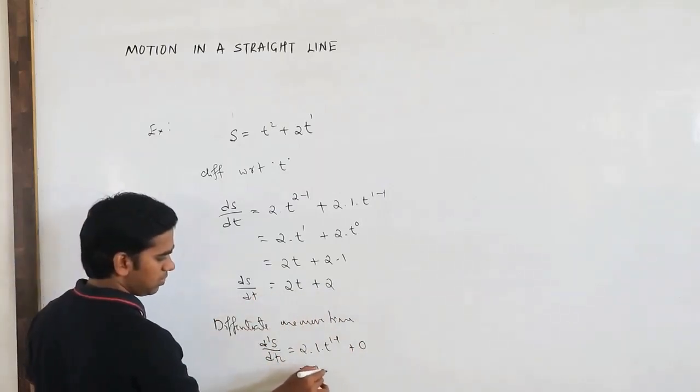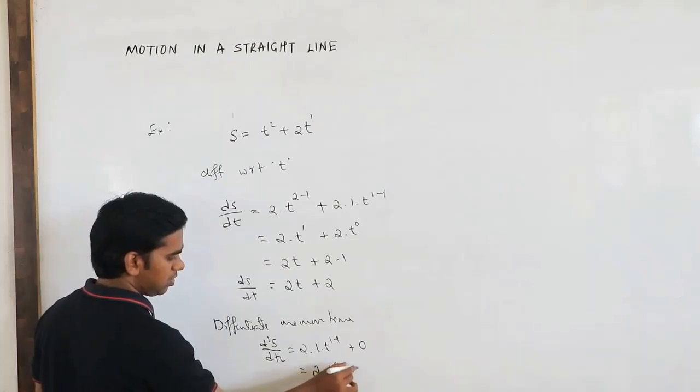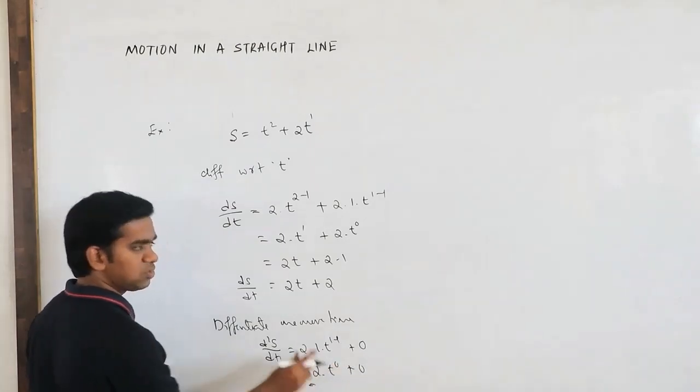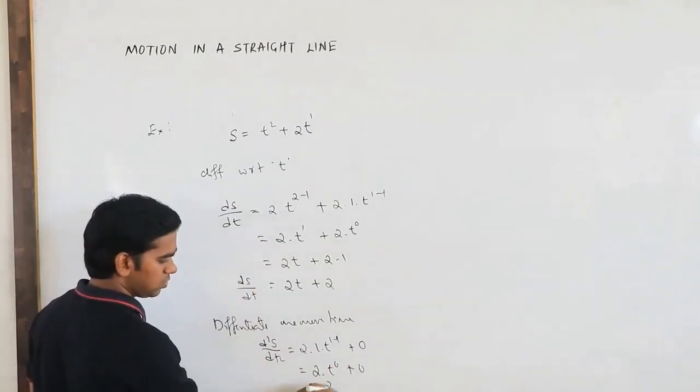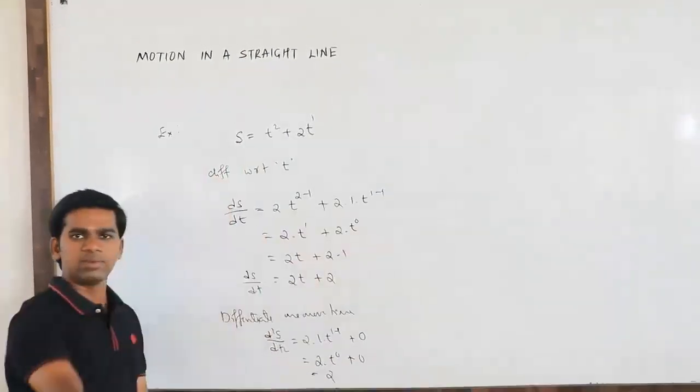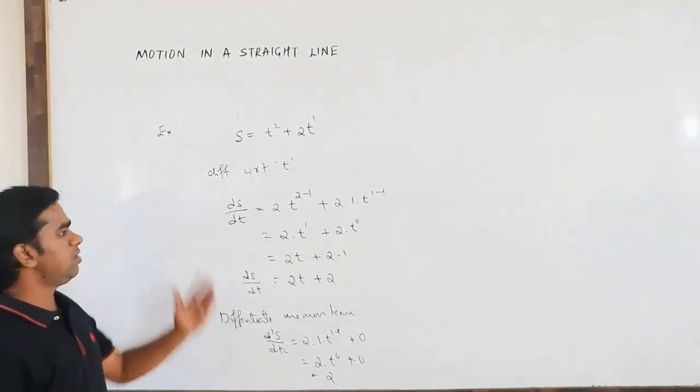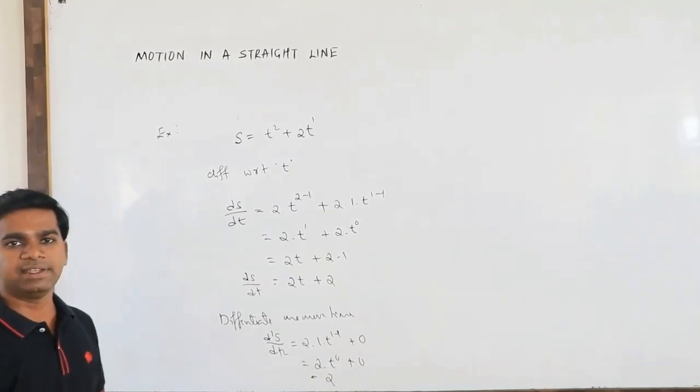So 2 into t raised to 0 plus 0. T raised to 0 means 1. So 2 into 1 is 2. Don't worry about that.